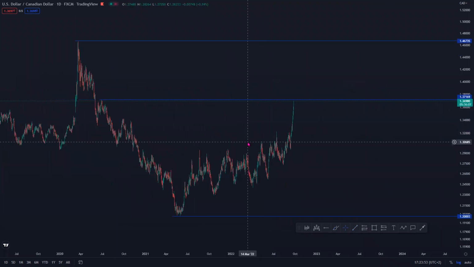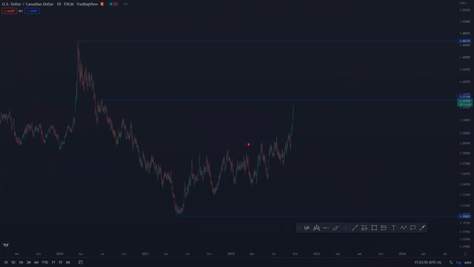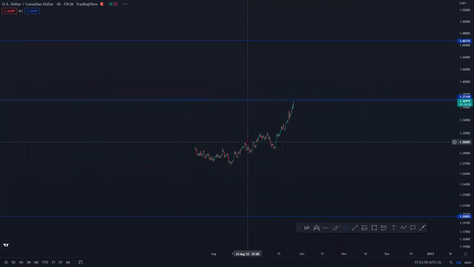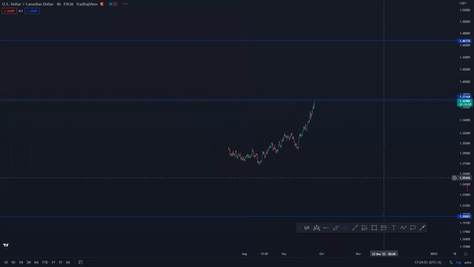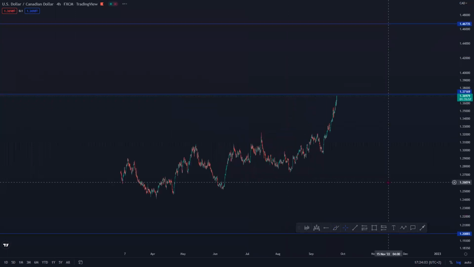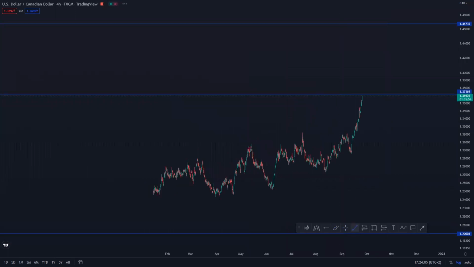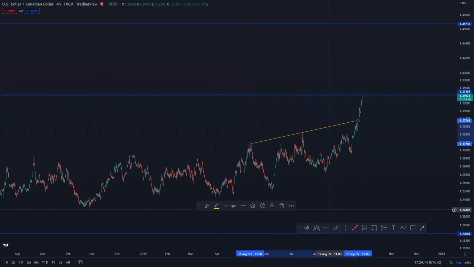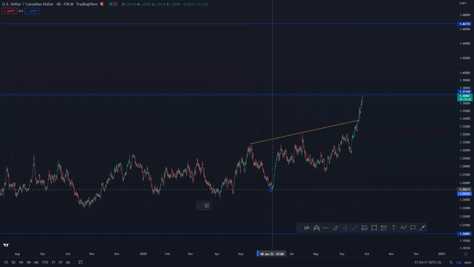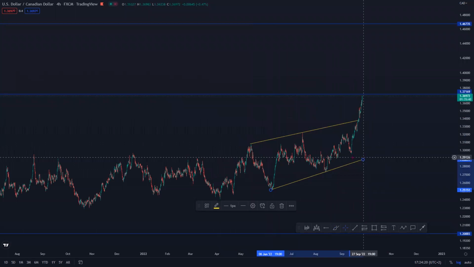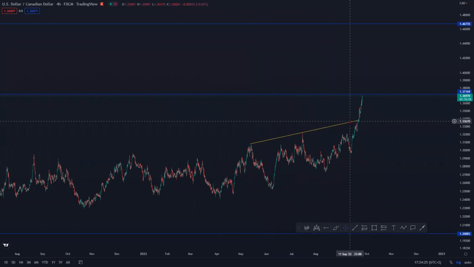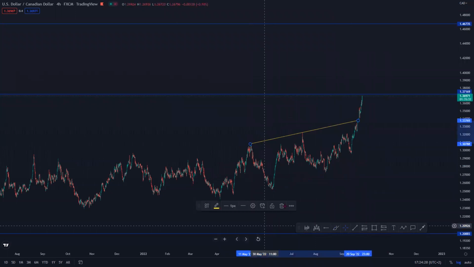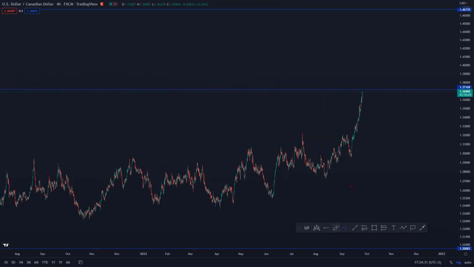Let me go to 4 hours so that I don't force anything. If there's nothing here, I don't have to force anything. Apparently on this one I don't find anything, so I just have to wait for the market to come.